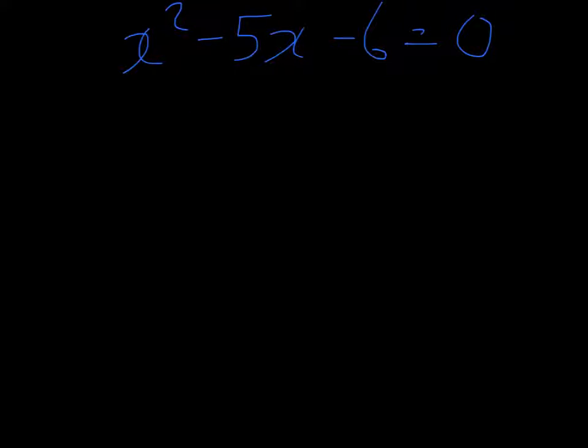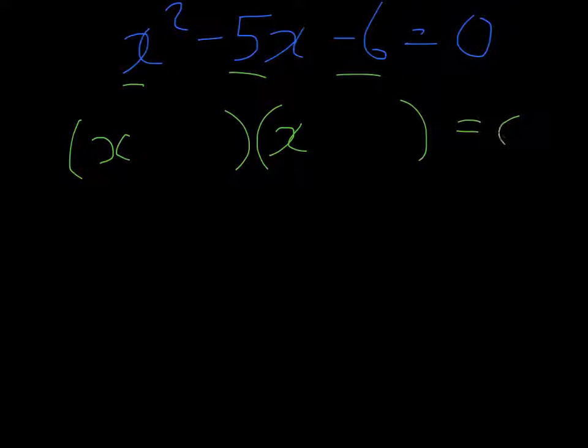Sometimes you'll be required to solve quadratic equations that have 3 terms. If they have 3 terms like this, then the first thing you need to do is factorize them. So we're looking for 2 terms that multiply to -6 but add to -5.